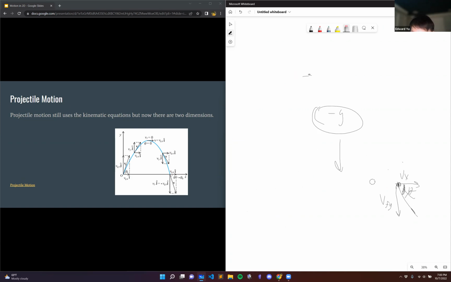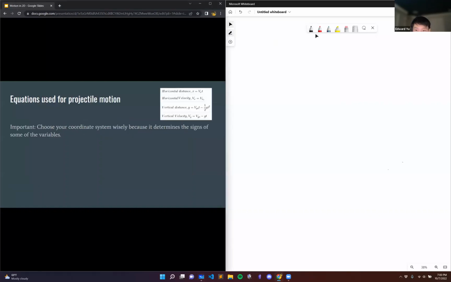Okay, so now I'll talk about the equations that you have for projectile motion. So you have horizontal distance, horizontal velocity, vertical distance, and vertical velocity. So if we get that projectile back again like this, then we know that the Vx, also this is for a ground level projectile.